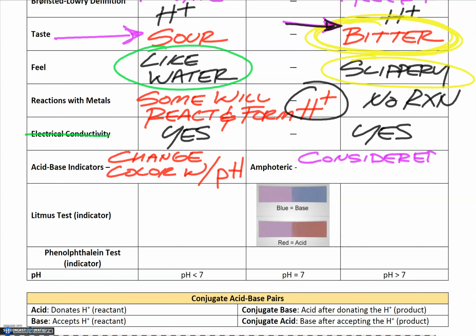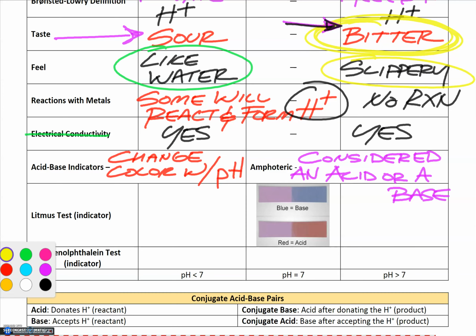Water is something that is going to have properties that are like an acid sometimes, and sometimes like a base. And so water is often considered amphoteric, meaning it can act like an acid or it can act like a base. Things that are hovering in the middle, in the neutral area, a lot of times are going to do that.